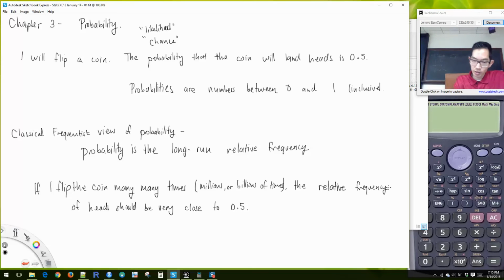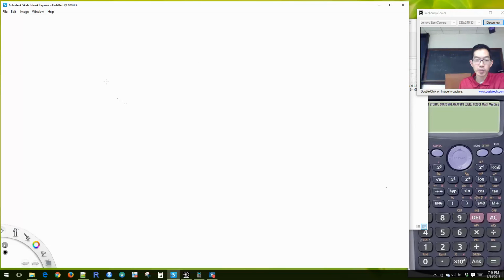And for something like a coin flip, it seems silly to talk about the empirical probability, but it's often useful in situations where the math is hard. So we have empirical probability, which can be thought of as our observed relative frequency.